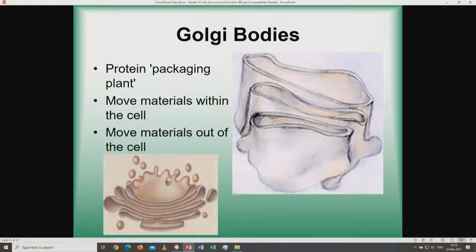Then inside the cell, you get the Golgi bodies, which are protein packaging plants. They move material within the cell, and they move materials out of the cell. This is where proteins are transported, they take the proteins that have been made and transport them from where they are synthesized to where they are required.